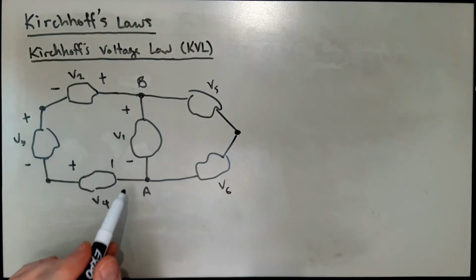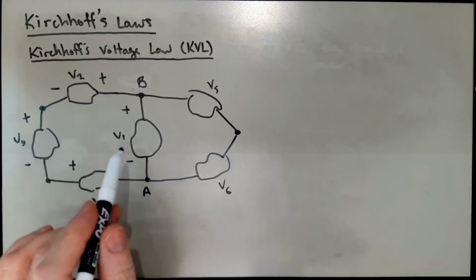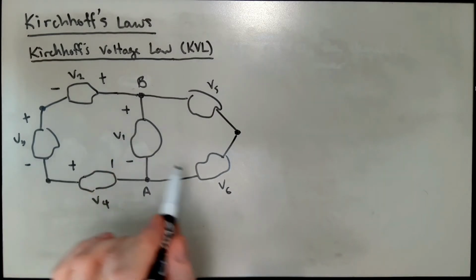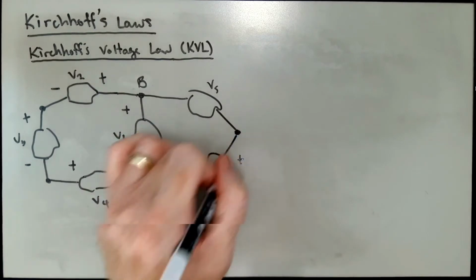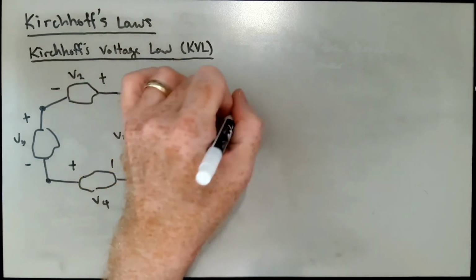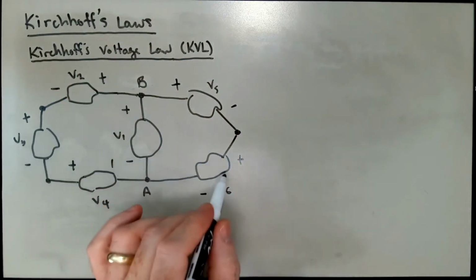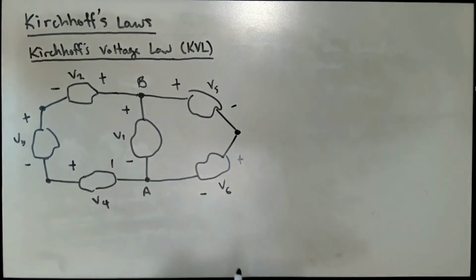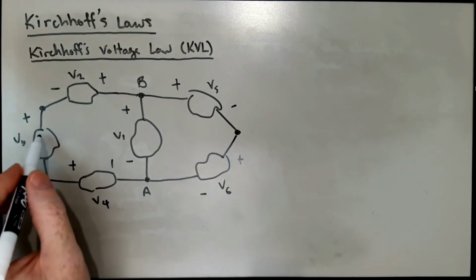Kirchhoff's voltage law basically tells me that V1 is the same as, I didn't put any signs here, is the same as V6 plus V5. It's the same as V4 plus V3 plus V2.